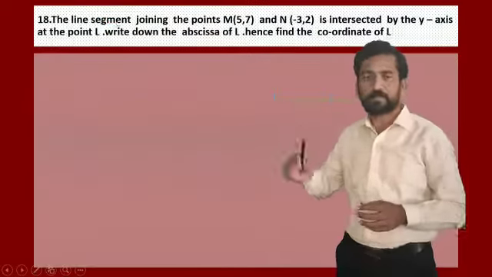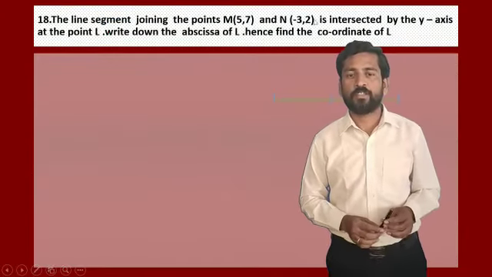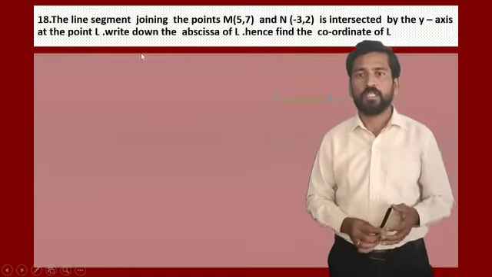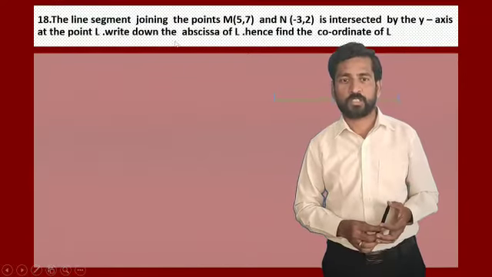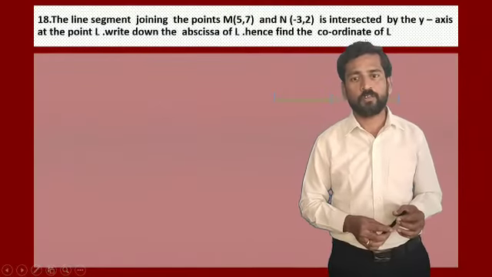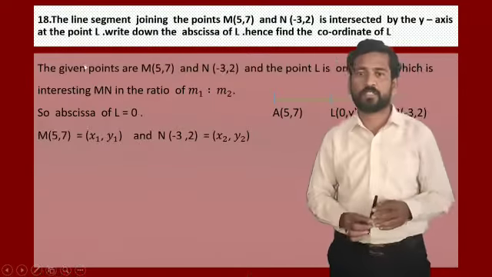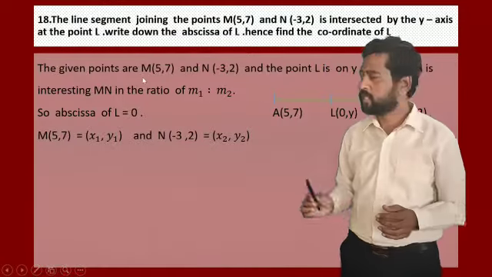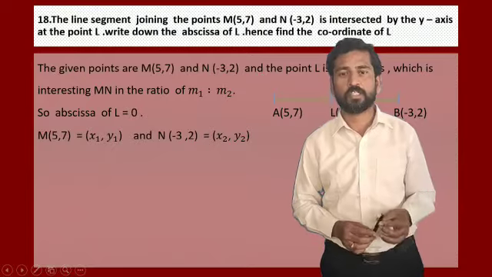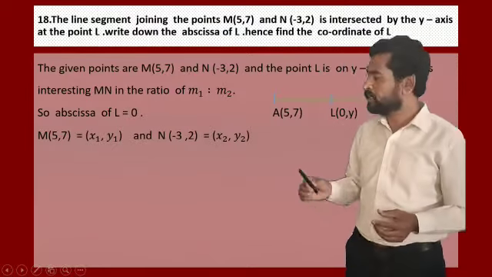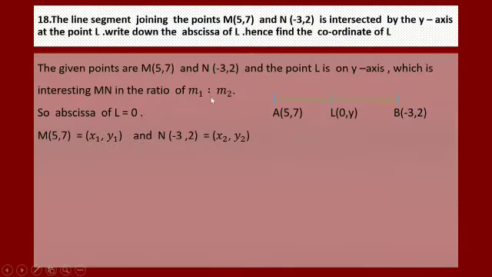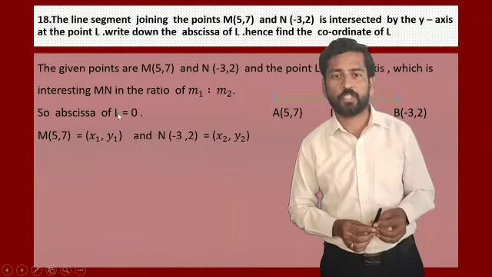Next, question number 18. The line segment joining the points M of (5, 7) and N of (-3, 2) is intersected by the y-axis at the point L. Write down the abscissa of L and also find the coordinates of L. So here the given points are M (5, 7) and N (-3, 2), and the point is on the y-axis, which intersects MN in the ratio m1 is to m2.